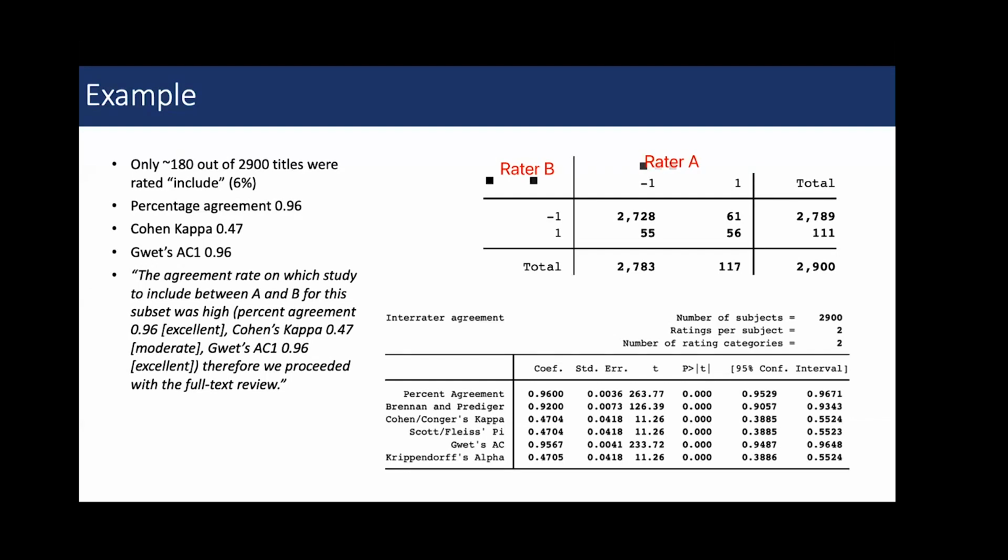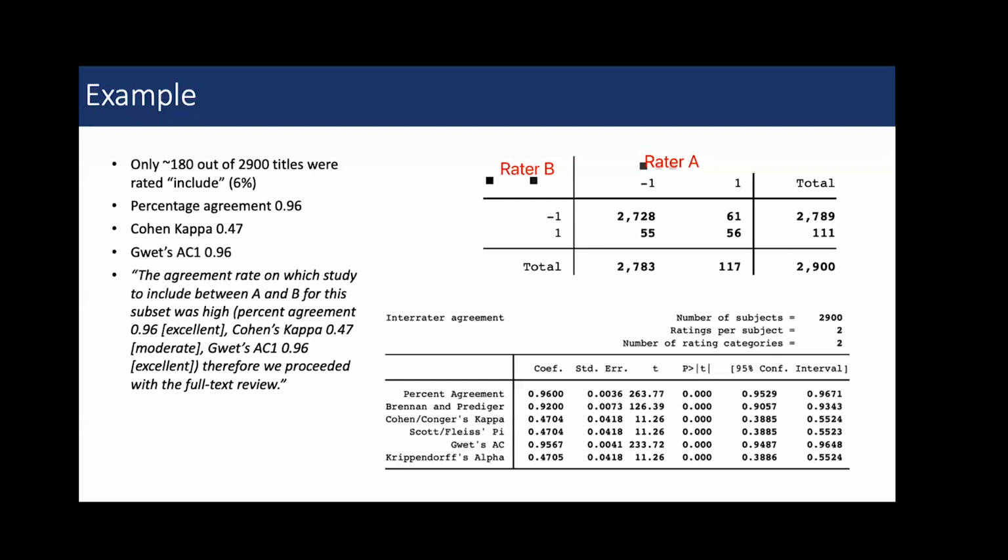So the percentage agreement rate is really high, around 96%. But Cohen's kappa was only 50%, which isn't good. Gwet's AC1 is 96% as well, which reflects that the prevalence is quite low, only 6%. You should report Gwet's AC1 as a better alternative for inter-rater agreement rate.